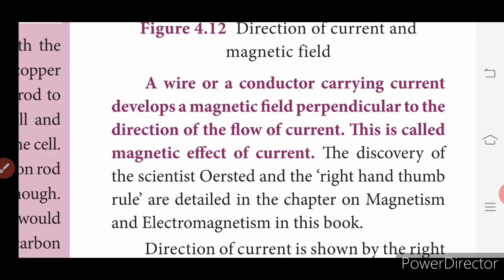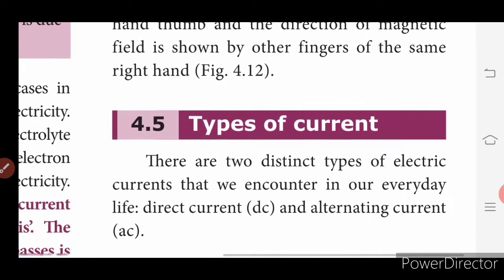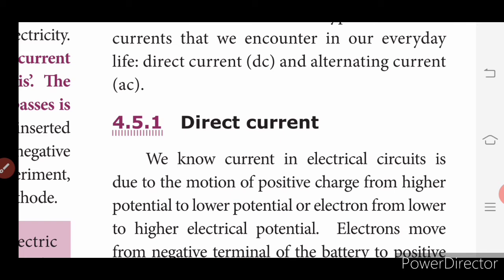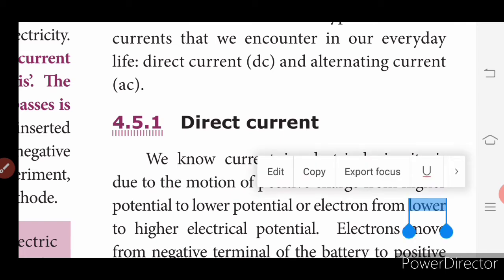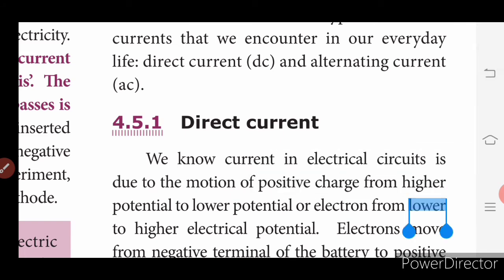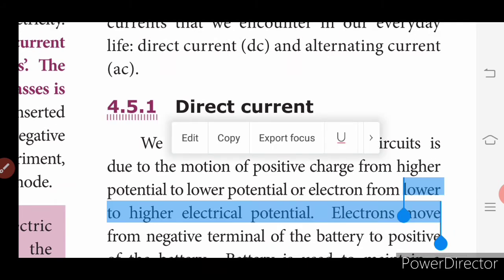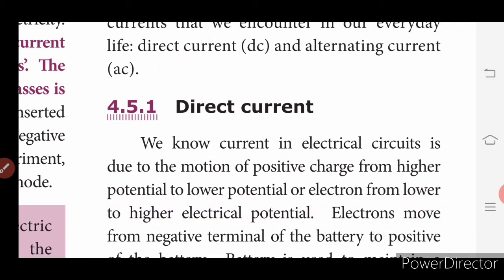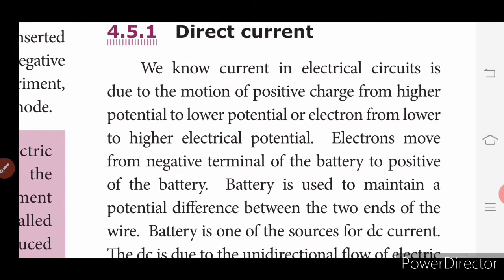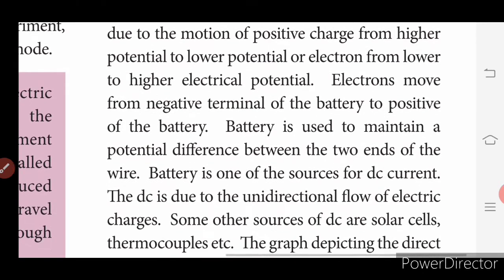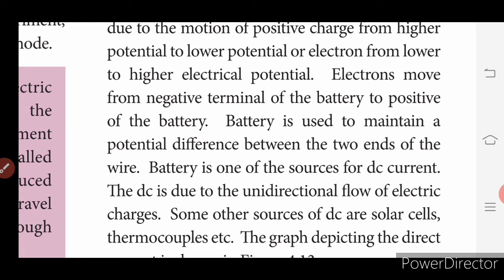Okay, so next, types of current. There are two types of current: direct current and alternating current. So what is direct current? A battery is one of the sources. Electrons move from the negative terminal of the battery to the positive terminal.